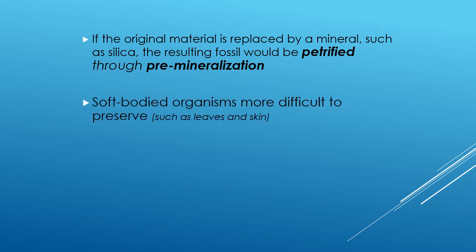And when we have soft-bodied organisms, why do we think it's hard to actually preserve soft-bodied organisms like ourselves or a fish? Well, they're very quickly eroded. Things like our soft tissue are usually eaten, so they're not really left behind. It's only the hard bones or the things that don't get eaten that are usually preserved.